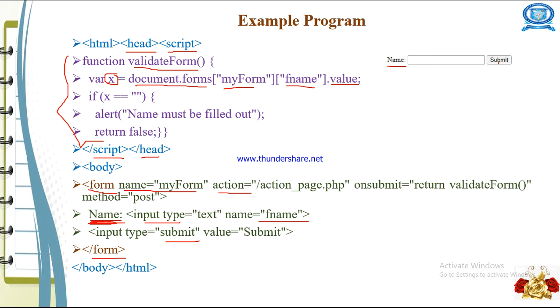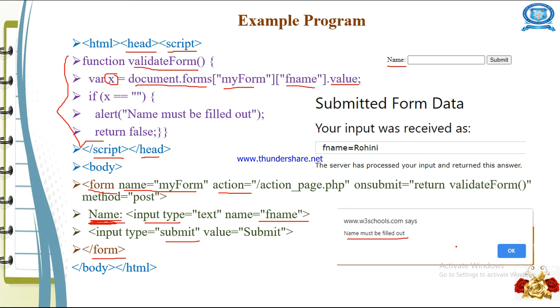When we submit the button, it will show the output. Without entering the name, if we just click the submit button, we'll get one alert message: the name must be filled out. Suppose we give the name in the particular space and click the submit button.